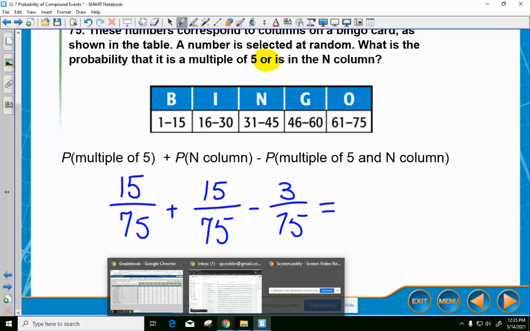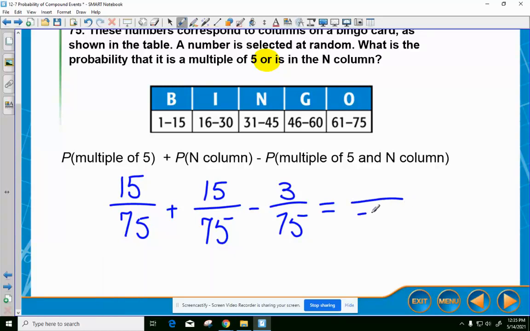Now, because the denominators are the same, you can keep the denominator. 15 plus 15 minus 3 is 27. Now, 27 divided by 75, I can reduce that to 9 out of 25. So you have a 9 out of 25 chance of getting a multiple of 5 or something from the N column.